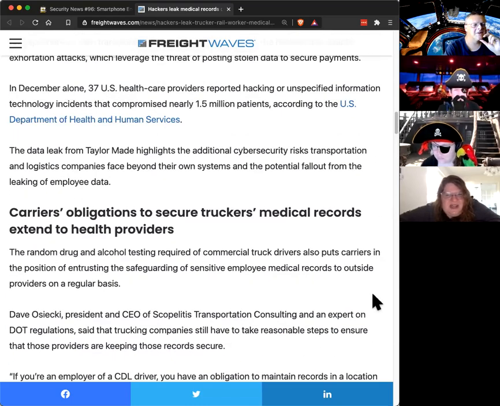So again, we've got to really look at these third-party companies that we're using when we implement stuff like this. And we've got HIPAA, but that doesn't really have a lot of, or any, mandates for cybersecurity protections. And companies like this can say, oh well, we're sorry, we didn't know, our bad, it won't happen again.